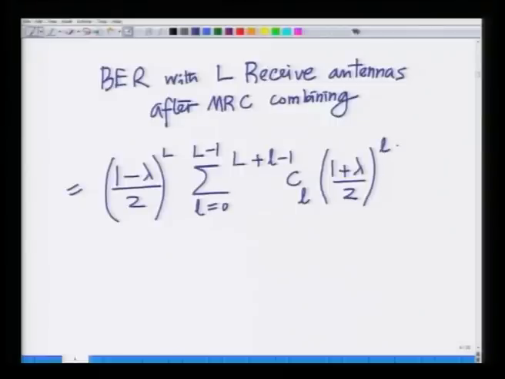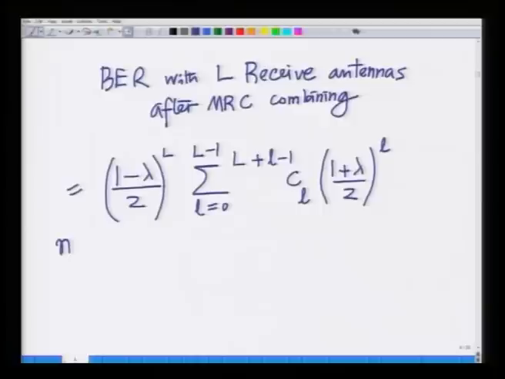All right. So, the complete expression for the bit error rate is given as ((1 minus lambda) divided by 2) to the power of capital L, where capital L is the total number of receive antennas, times summation l equals 0 to L minus 1, (L plus small l, the index, minus 1) choose l.